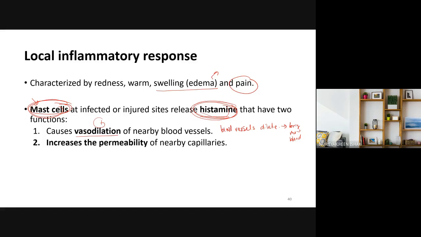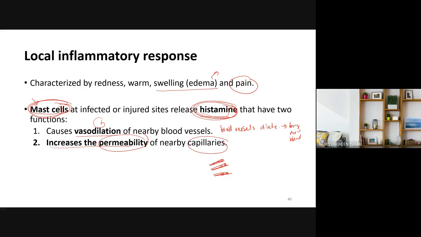Okay. So another effect of histamine is that it increases the permeability of nearby capillaries. So capillaries dia duduk kat mana? Tissue kan. So it causes the capillaries to increase its permeability. Maksudnya apa? Blood capillaries ni akan ada sel-sel darah kan. Dalam sel-sel tu akan ada white blood cell, especially neutrophil.